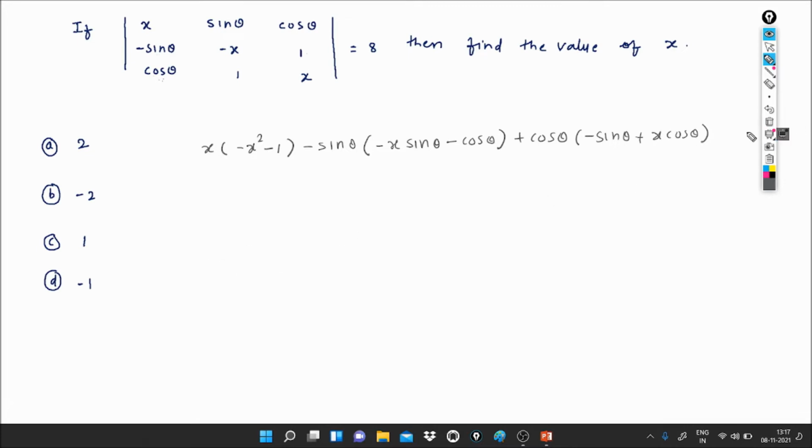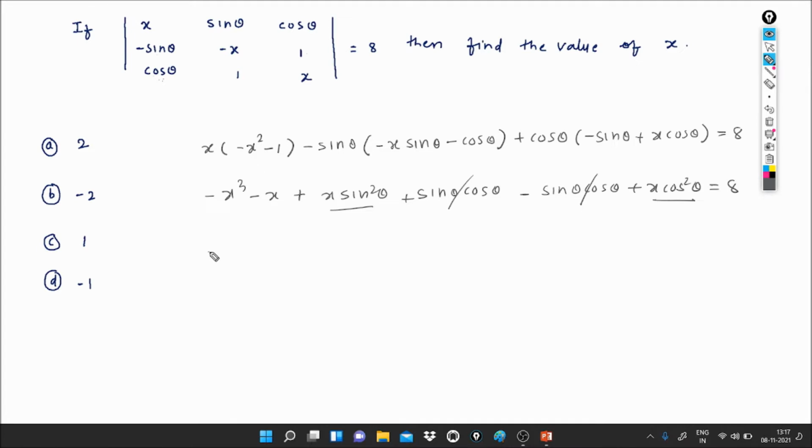This is equal to 8. It is minus x cube minus x, minus minus plus x sine square theta plus sine theta into cos theta, minus sine theta into cos theta, multiplying this bracket by cos theta, plus x cos square theta is equal to 8. So this will get cancelled, student. And from here x is common.